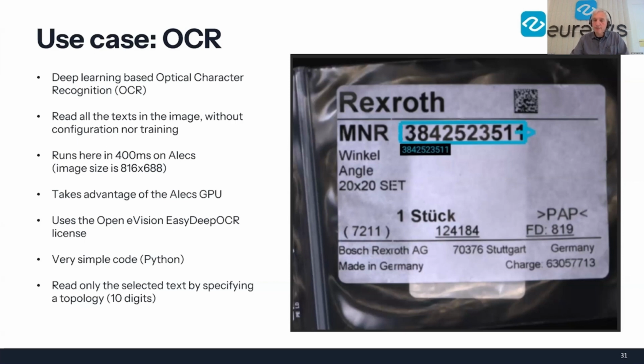A topology defines, like a regular expression, what kind of text you are interested in. So here we are searching, for example, for texts that are only composed of 10 digits, and it will only return that text, even if it's not at a fixed position on the image.